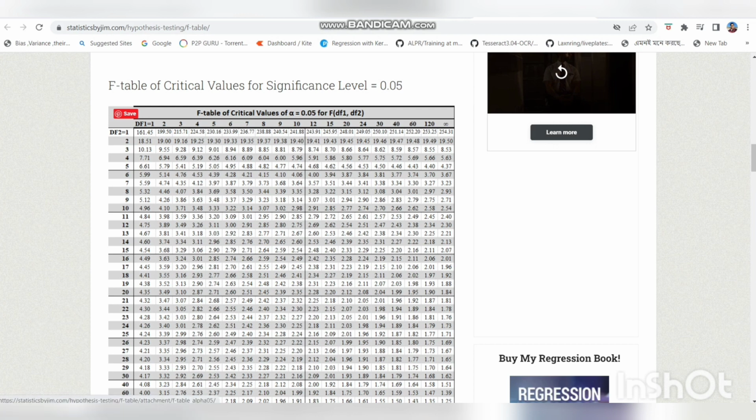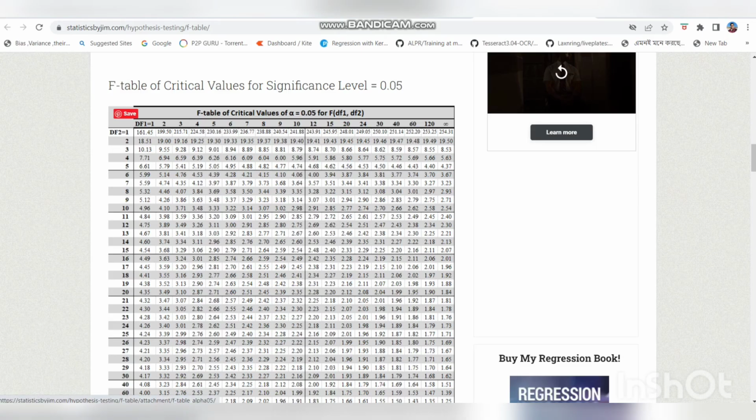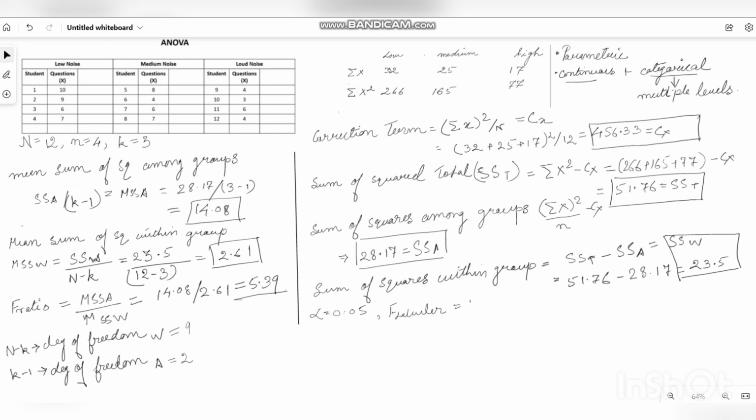So for a level of significance of 0.05 and degrees of freedom 2 and 9, we see that the F tabular that we just saw from the table is 4.26. Our F calculated is 5.39.